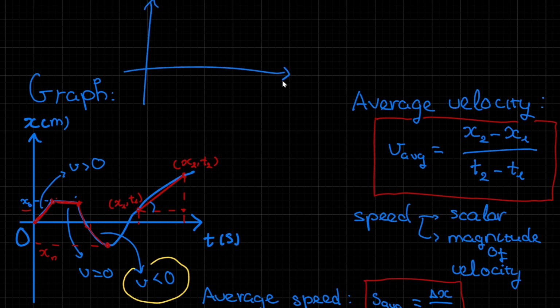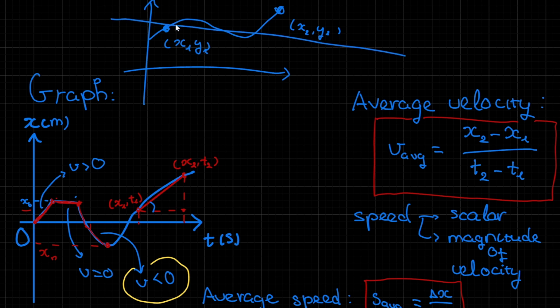in calculus you can learn that if we have (x1, y1) and (x2, y2), then the average value of these 2 points will always be a value inside this range.